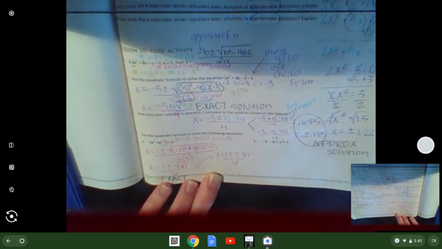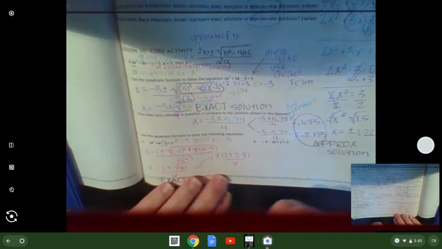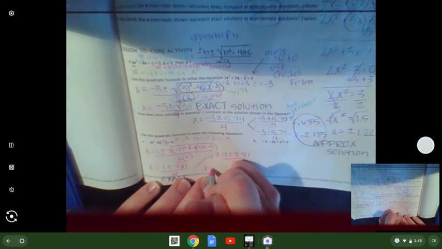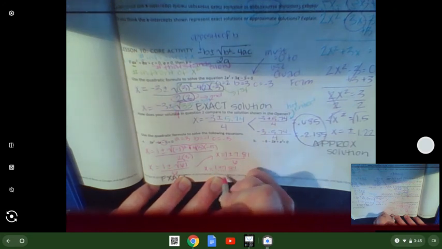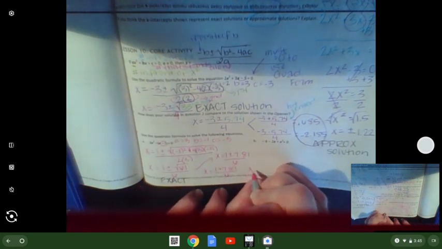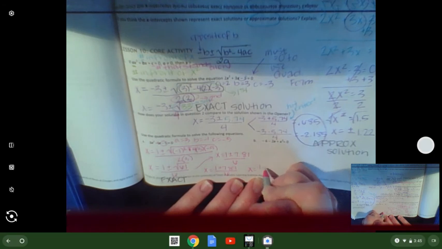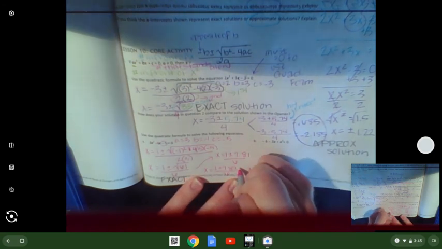Now here is where we know we can't add and subtract at the same time. So we're going to turn this into one where I add 7.81 and divide by 6, and one where we subtract 7.81 and divide by 6.